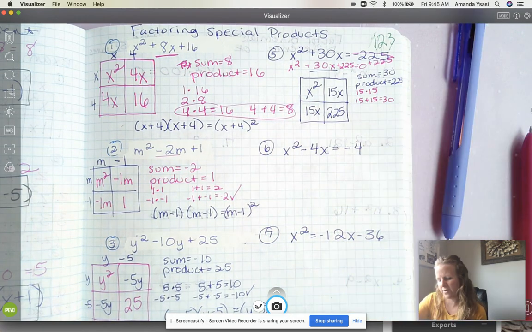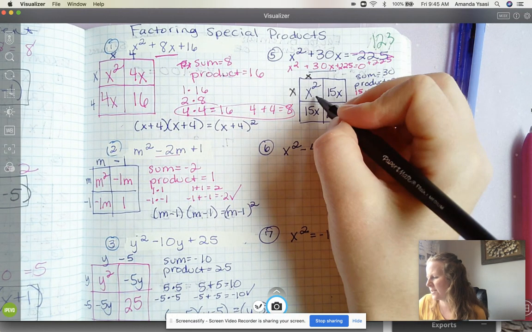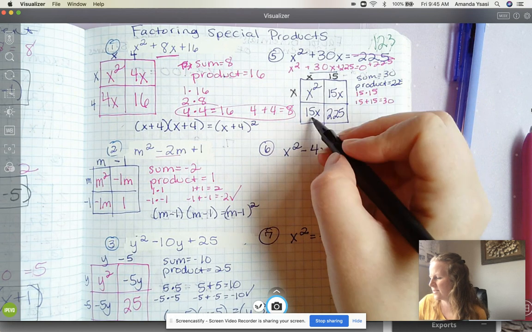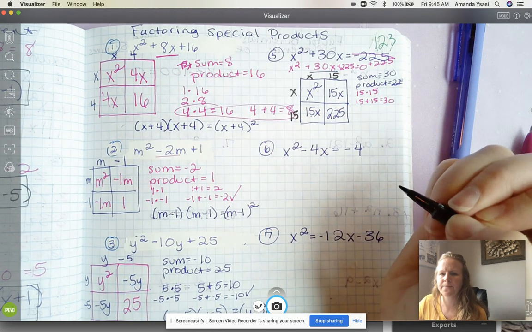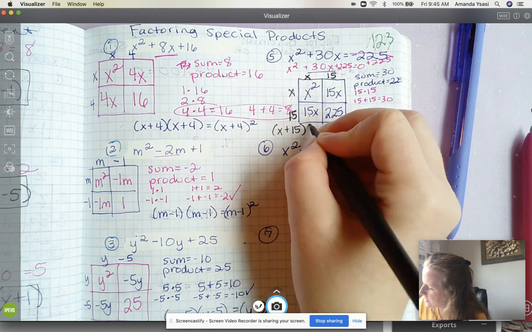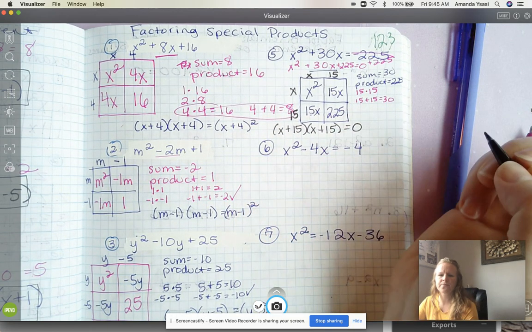So when I factor out, I know this is x times x gets x squared. X times what gets 15x, and it's 15. X times what gets 15, and it's 15. So then we have x plus 15 times x plus 15 equals 0.